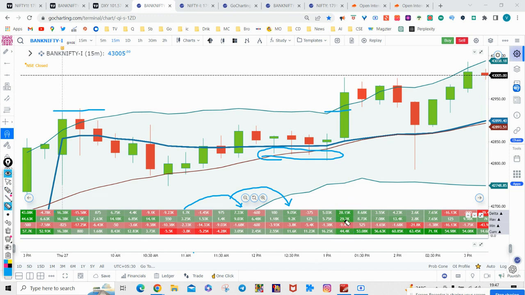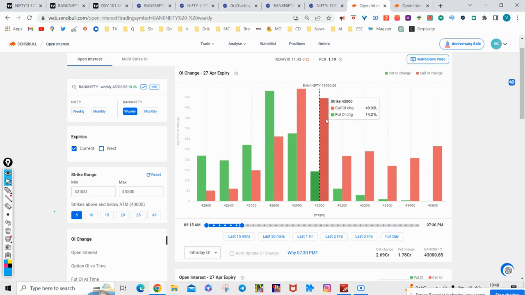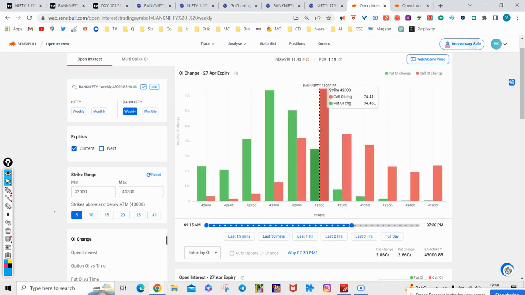So this is how the order flow gave the hint, but the issue is still where it can go. The problem was with the 43,000 call writer. So 43,000 CE was there throughout the day. Even at 1 o'clock, this 43,000 call OI did not budge. 42,900 somehow budged.